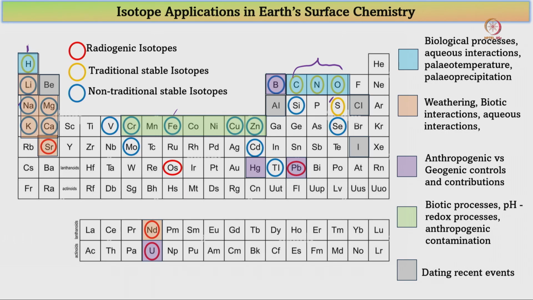Okay. Then, if you are trying to understand certain isotope systems, for instance, I am trying to investigate how iron isotopes fractionate, and that is irrelevant for the processes, but I want to measure how iron is fractionating. Okay. So how it is fractionating with the different biotic processes, or with inorganic processes such as pH or redox related processes, or due to anthropogenic contribution.